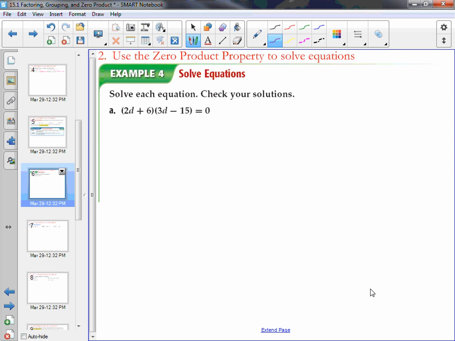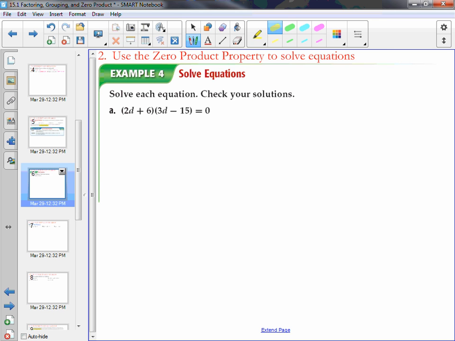They have factored this for us. We have a factor of 2d plus 6 and a factor of 3d minus 15.